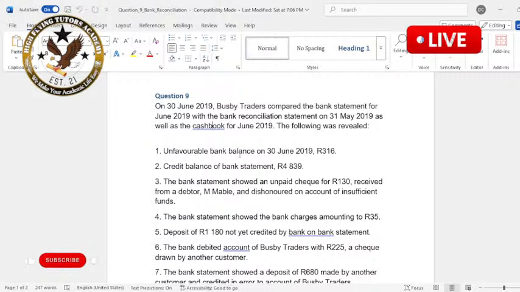So the first item goes to the bank account, I'm just going to name it BA, right? And then the credit balance of the bank statement goes to the BRS. I'm just going to say this transaction qualifies to go to the BRS, right?